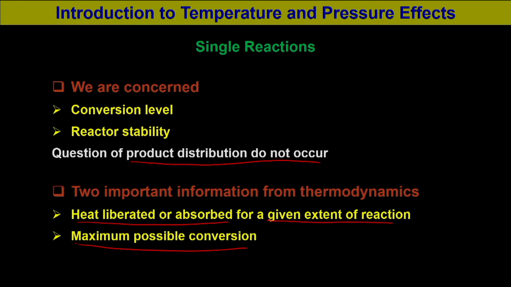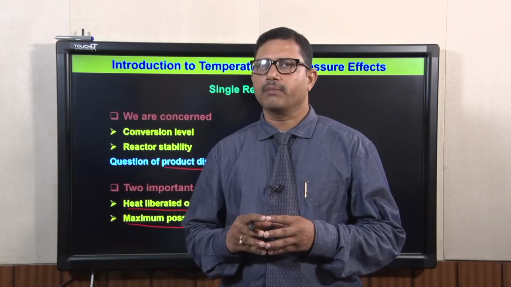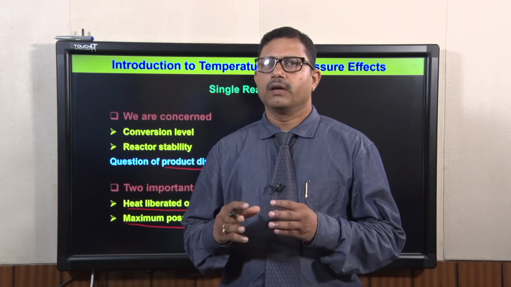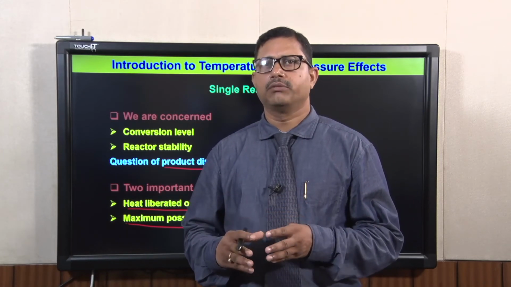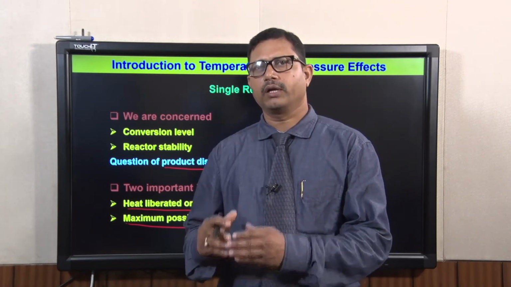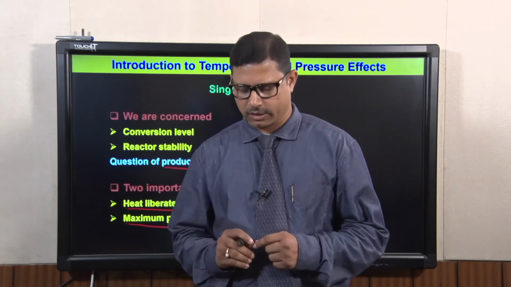This maximum achievable conversion is a theoretical consideration from the thermodynamics, and that is the maximum limit. In real systems, in general, it does not achieve that extent. So, that is only from the viewpoint of the theoretical considerations.